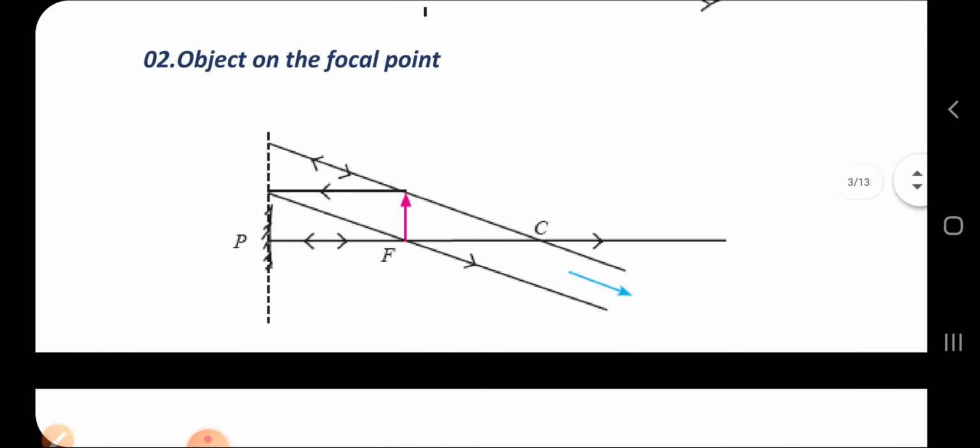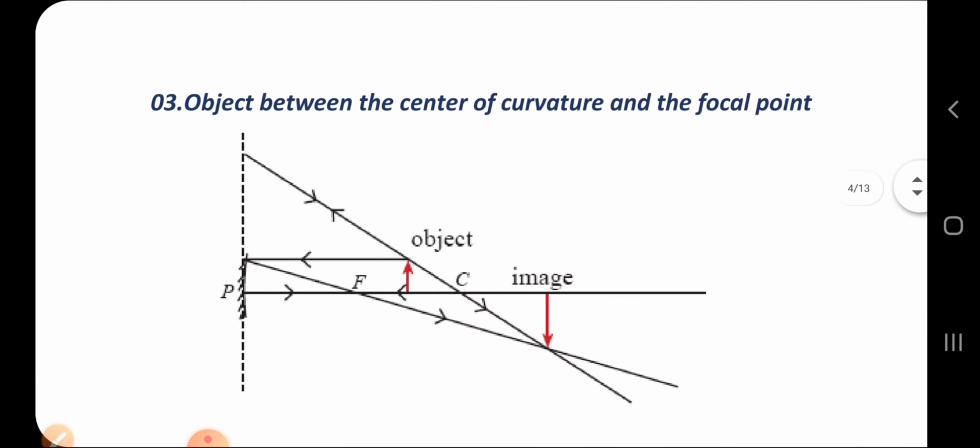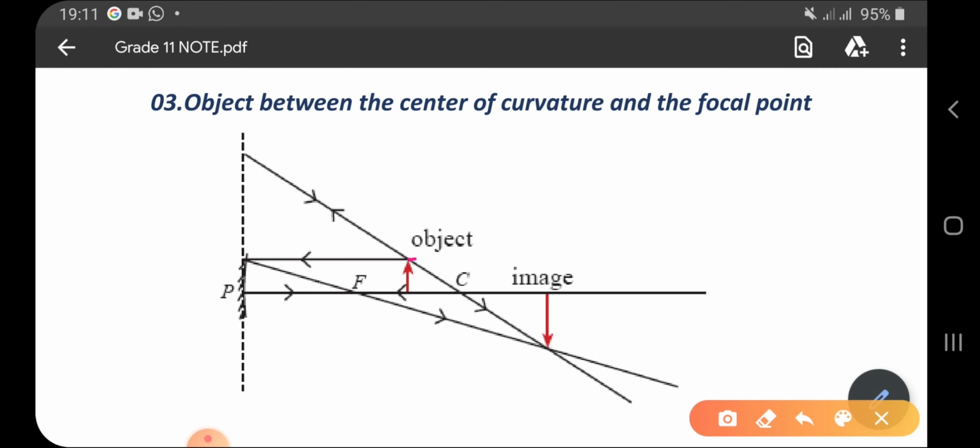Let's go to the third position. The small red colored one will be the object. If you draw light rays according to our previous rules, you can see the ray which is coming parallel will be reflected back through the focal point.